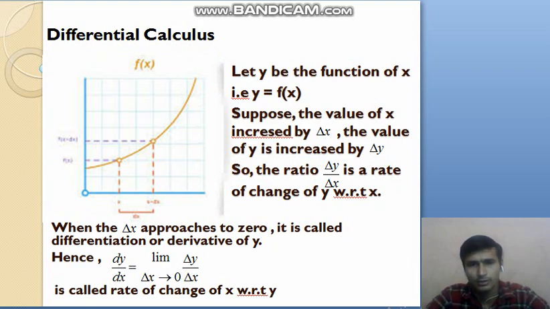So for a small change in the value of x like this, the value of y increases like this. So the ratio of change in y to the change in x we can calculate as delta y by delta x.